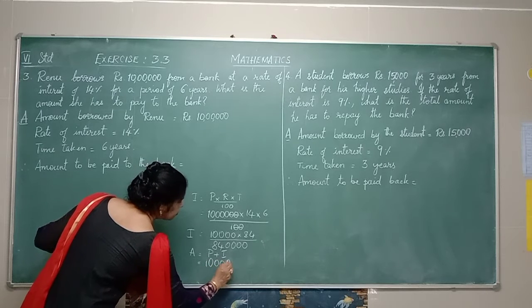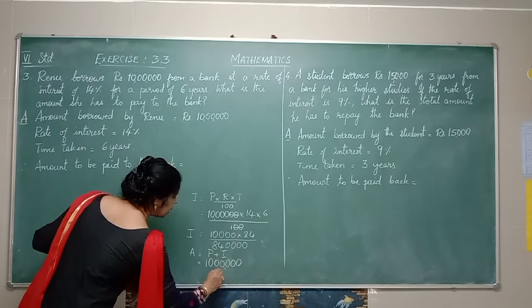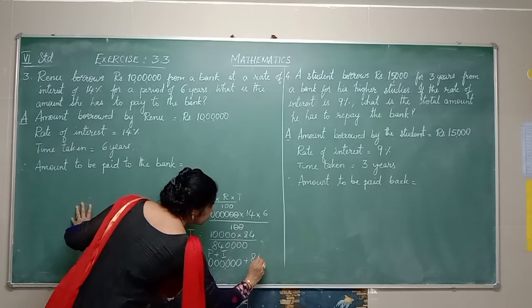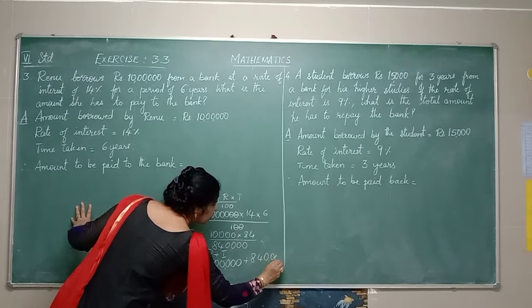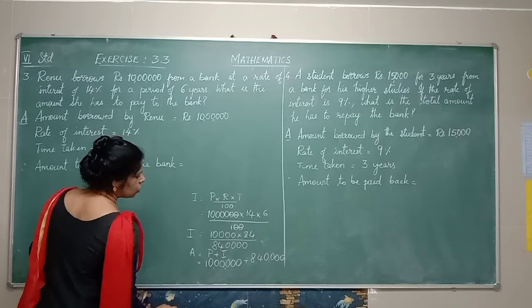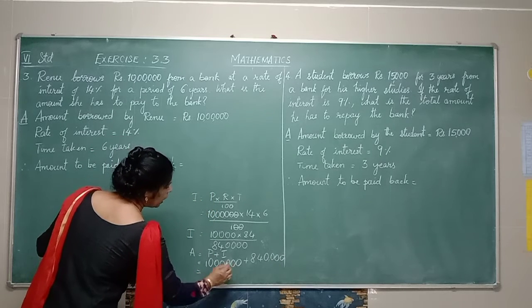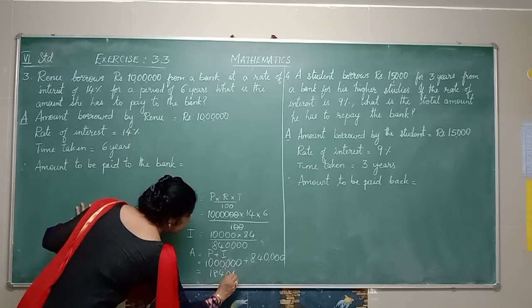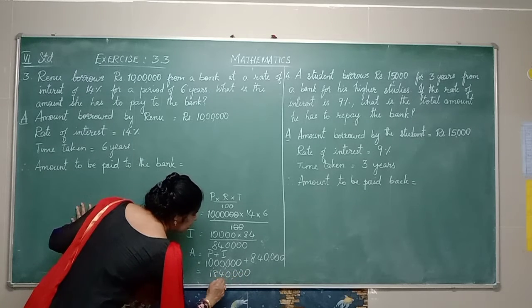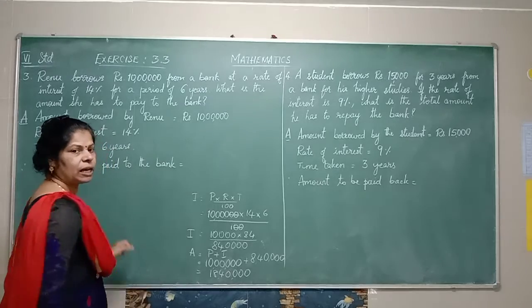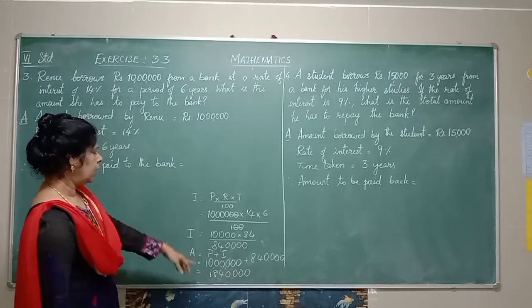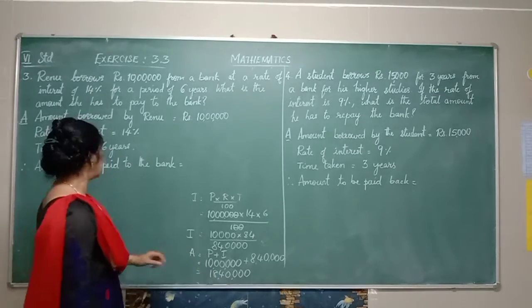So 10 lakh plus 8 lakh 40,000 interest, together she has to pay. So how much does it come to? It comes to 18 lakh 40,000. So after 6 years, Renu has to pay an amount of 18 lakh 40,000.